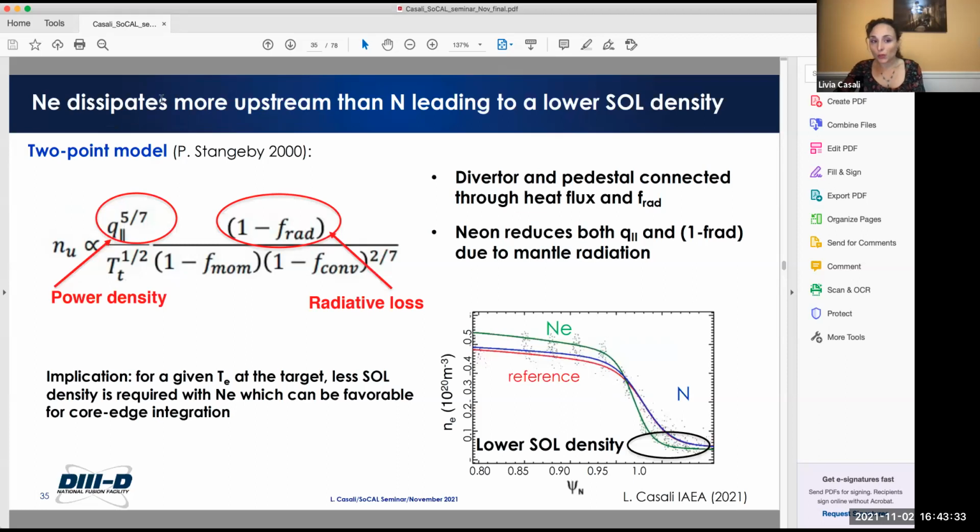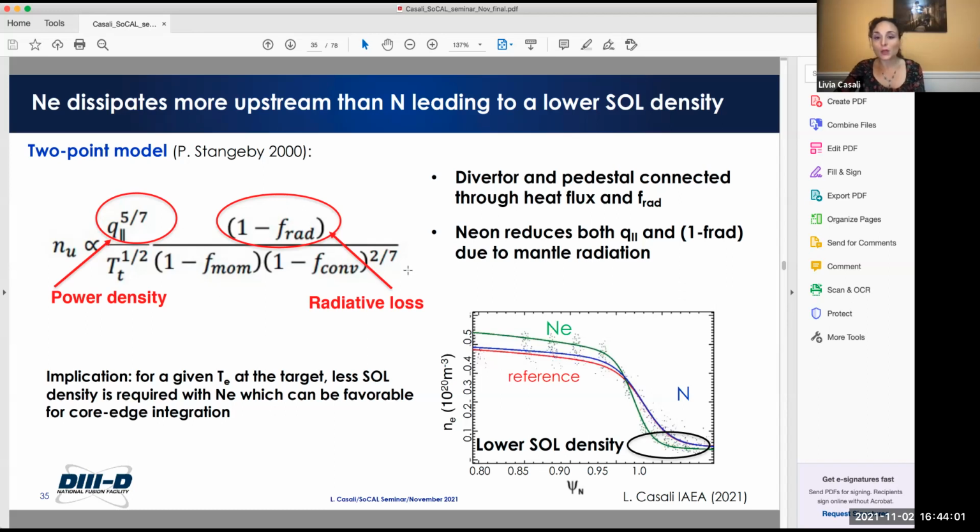One important consequence of the neon dissipation upstream is the fact that we can have detachment at lower upstream density, which can be important for core edge integration. And this can be shown by, again, considering the expression for the upstream density from the two-point model.